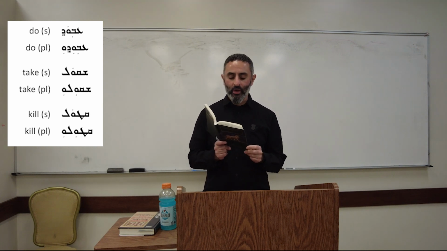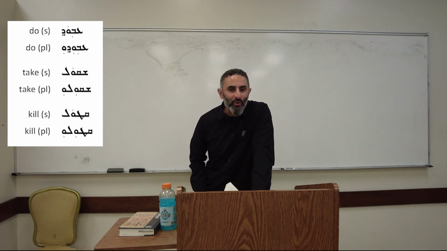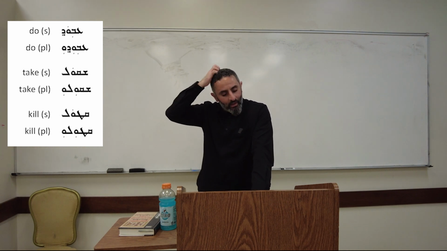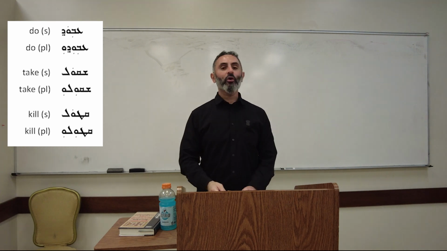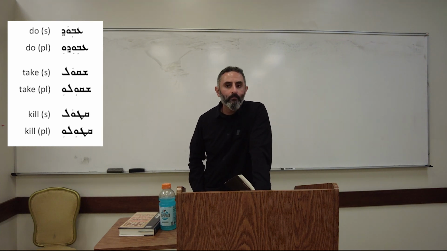Everyone say uod. Shkol. If you want to tell somebody to kill somebody, qtol. You probably shouldn't have many scenarios in life where you use that. If you do, we should talk. If you are speaking to a group of people and you want them to do something, everyone say udhu. If you want them to take, shkulu. If you want them to kill, qtulu.